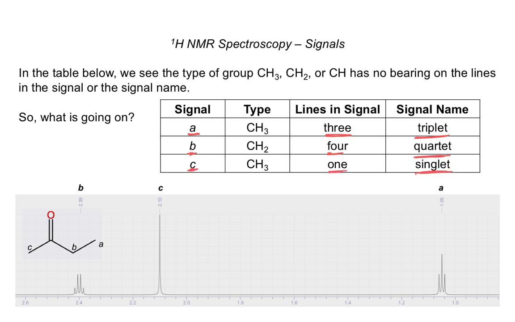That's called a singlet. So rather than saying the signal with 3 lines, we just say the triplet at 1.05. So triplet, singlet, quartet.